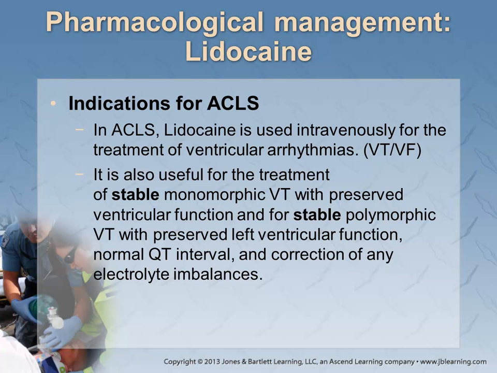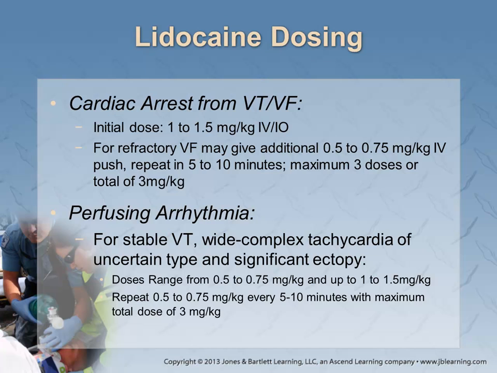It can be used for stable monomorphic VTAC and for stable polymorphic VTAC, but it's going to be in a drip. So your lidocaine dosage is 1 to 1.5 milligrams per kilogram.